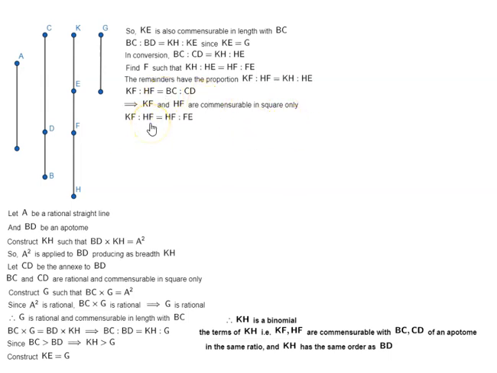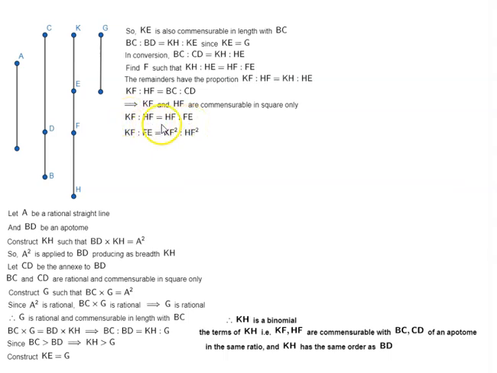Now, KF is to HF is equal to HF is to FE. So HF is the mean proportional. Remember, this means KF, HF and FE are in continued proportion.